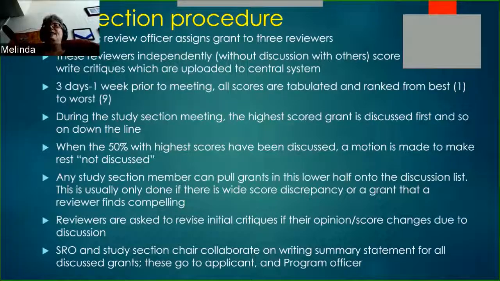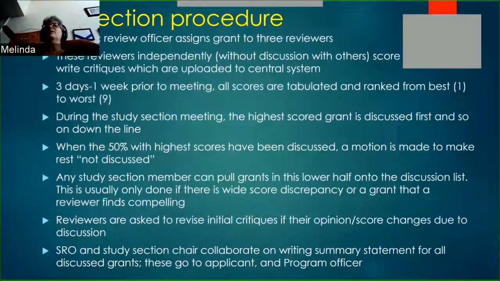I was actually just recently on an NIH study section that did not have triage. The reason was that we only looked at 8 grants, and they don't do triaging for very small study sections. And there were 2 grants that received preliminary scores of 7.